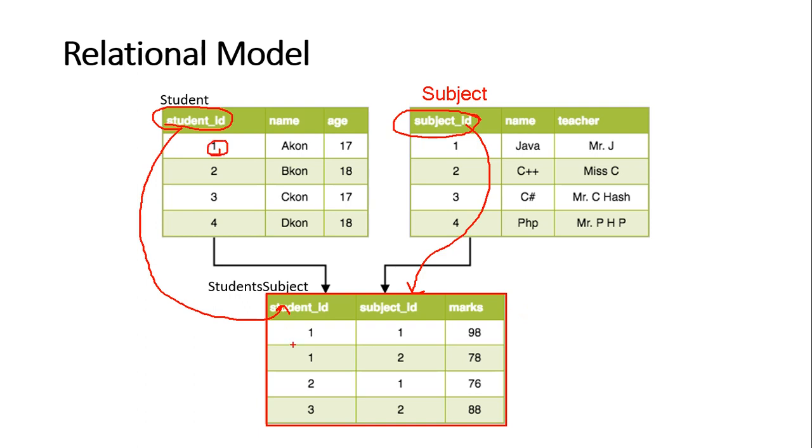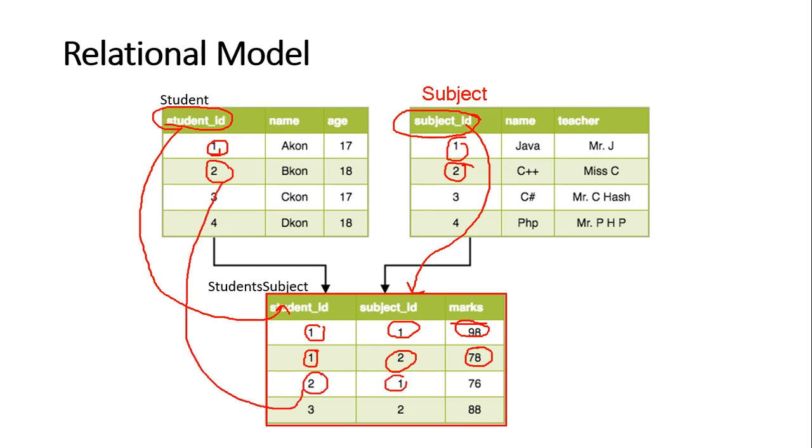Student ID 1 has taken the subject Java, and he or she has the marks 98. Again, student 1 has taken the subject 2, which is C++, which is taught by Miss C, and has some marks. Again, student 2 has taken subject 1, which is Java, which is taught by Mr. J, and he or she has got 76 marks.